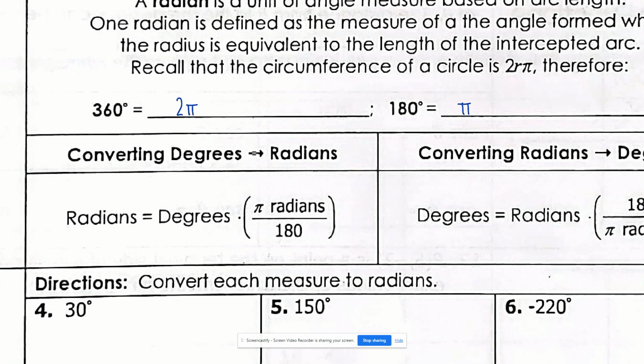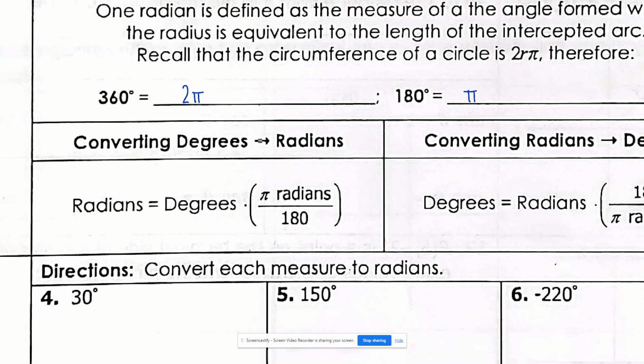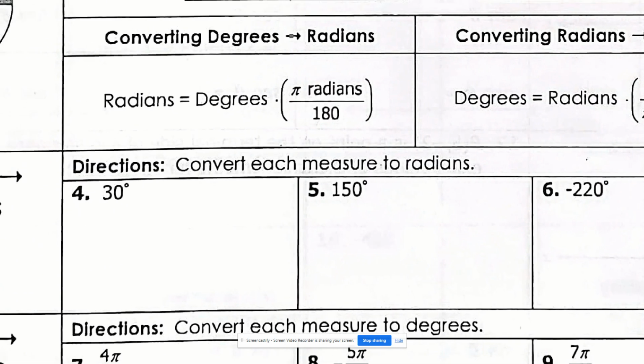Sometimes I need to know what the degree measure is of this portion of the circle. Sometimes I need to know what the actual arc length is of that particular portion of the circle. Degrees versus radians. So if I want to convert a degree to a radian, I multiply it by pi over 180.